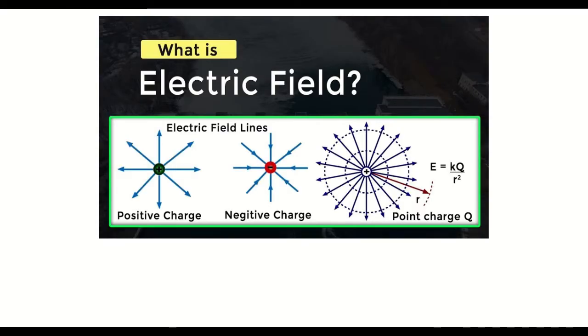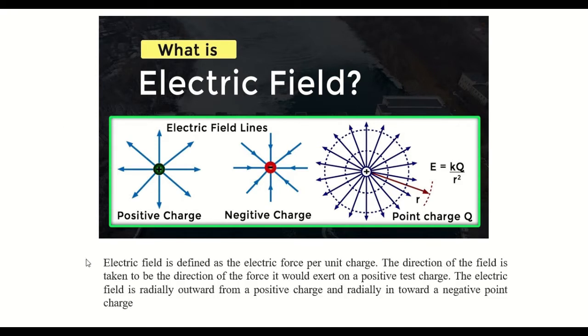Now our next topic is the electric field. In electrostatics, to understand it well, we must have a clear idea about the electric field. So what is the electric field? The definition is given over here: the electric field is defined as electric force per unit charge.